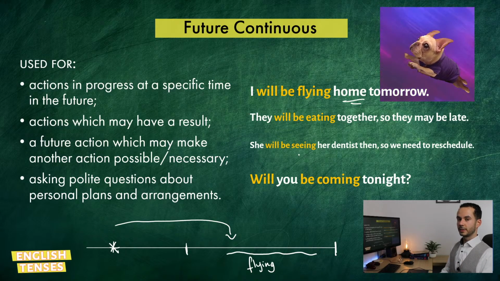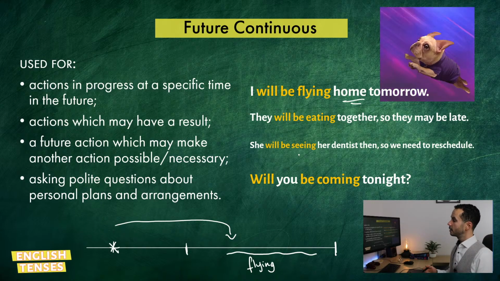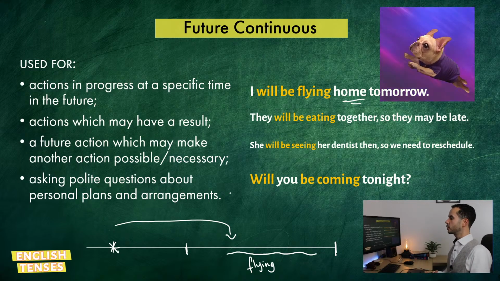Because this is happening, we need to reschedule our appointment. It requires a particular action. And finally, we use future continuous for asking polite questions about personal plans and arrangements. Will you be coming tonight? You can say, are you coming tonight? But will you be coming is just slightly more formal and slightly more polite, if you like.